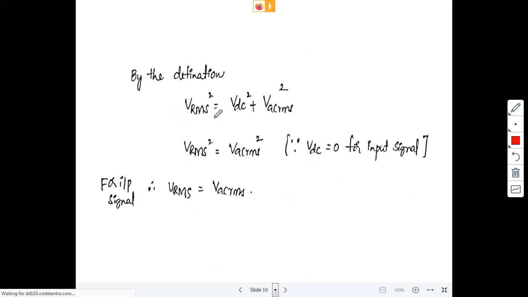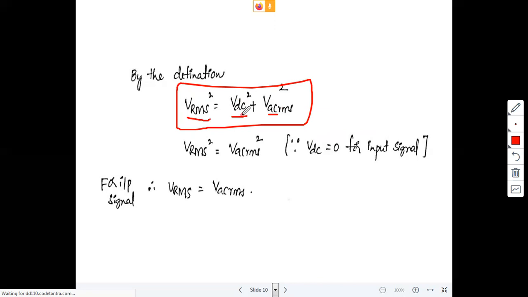Already we calculated two parameters, one is Vrms, another one is VDC. Now observe here, this is a basic definition valid in AC circuits: Vrms squared is equal to VDC squared plus Vac,rms squared. This small ac is the AC content, the RMS AC content, and this is the DC content.